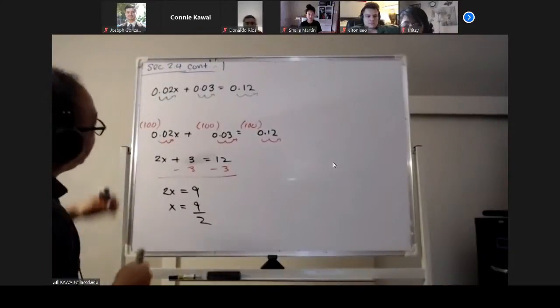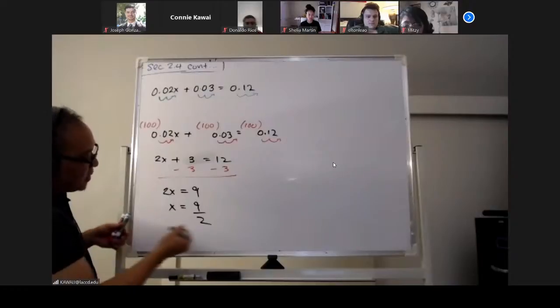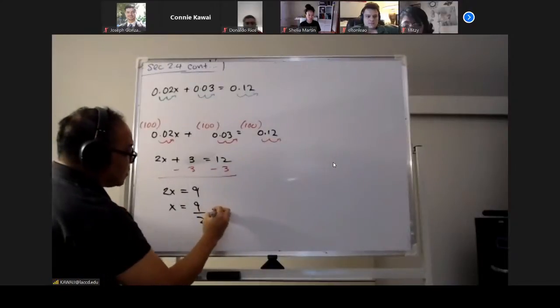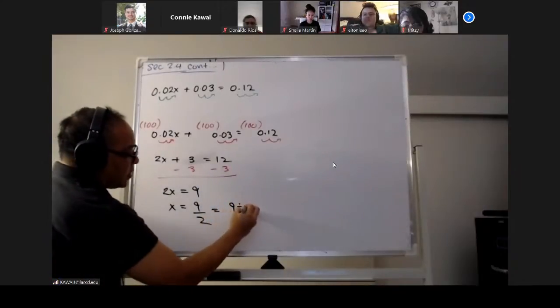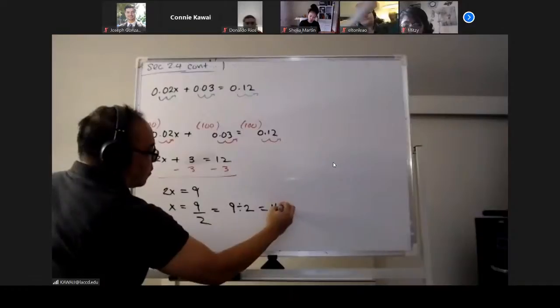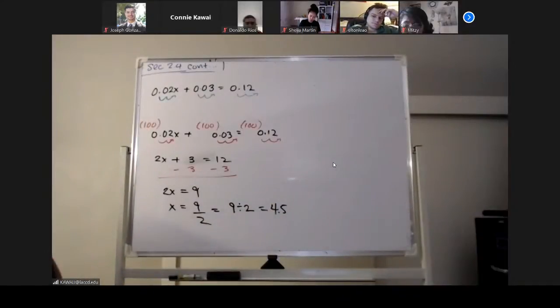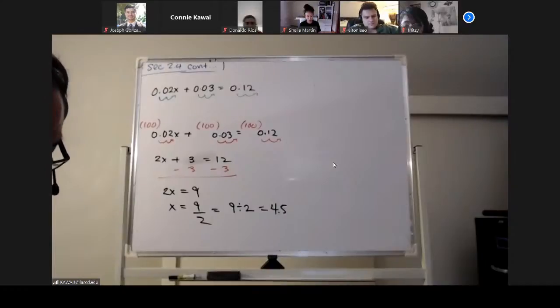Now, usually when they give you decimals, they want you to end up with decimals. You want to finish with decimals. So then I will use my calculator and do 9 divided by 2 and write down 4.5 as your answer. Usually when they start with fractions, they have no problem with fractions as an answer. Okay.